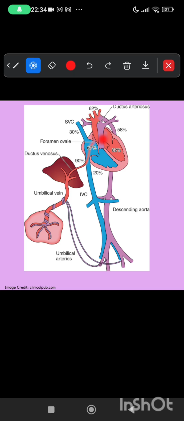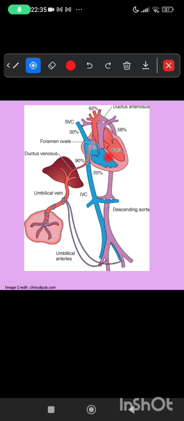Okay, now in adults, what happens when the blood enters the right atrium? In adults, where does it go? It goes from the right atrium to the right ventricle, and then to the pulmonary vessels.